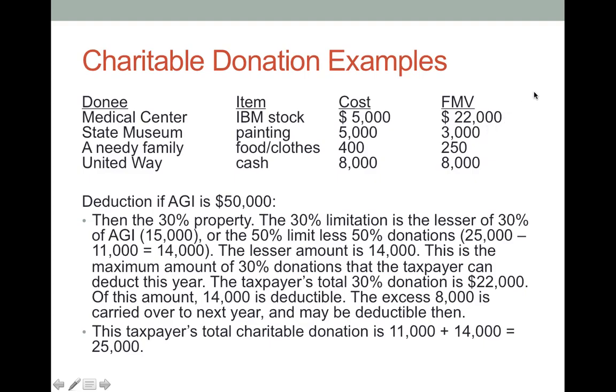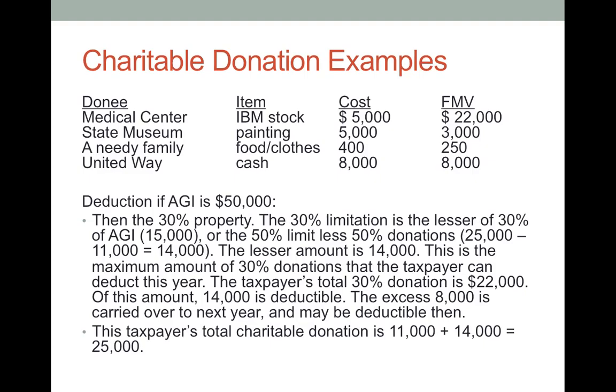So the maximum amount that we could deduct is $22,000 for this specific stock, but the 30% limitation is going to limit our current deduction to $14,000. So of the $22,000 donation, the amount that we can deduct this year is only $14,000. The excess $8,000 that we can't deduct this year is what we have to carry over. We can carry it over for 5 years and hopefully be able to deduct it over the next 5 years.